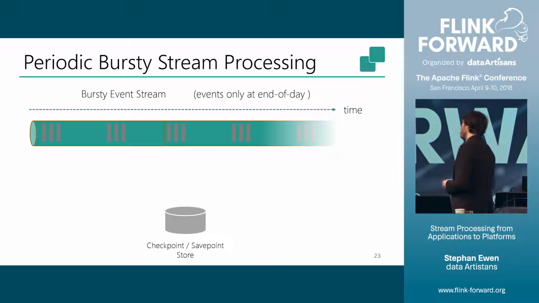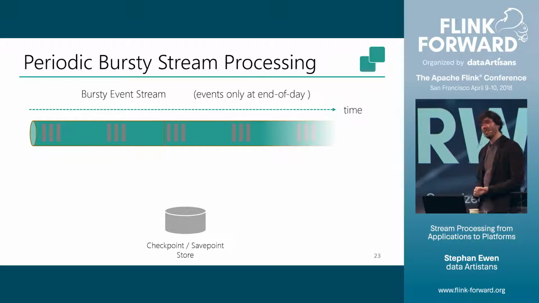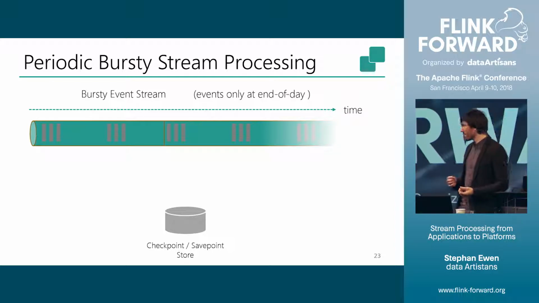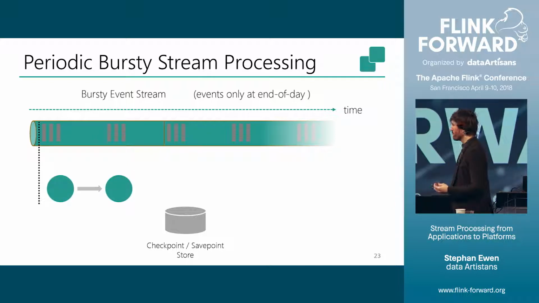There are quite a few industries that really like the idea of stream processing, continuous processing, but it just happens by the nature of that industry that events don't come evenly through the day. There's an end-of-day kind of thing where most things happen. It's really nice to model things as stream processing because you don't have to chop it into batches and worry about the batch boundaries. But actually running it all the time for the one hour at end of day when you're doing work might be a bit prohibitive.